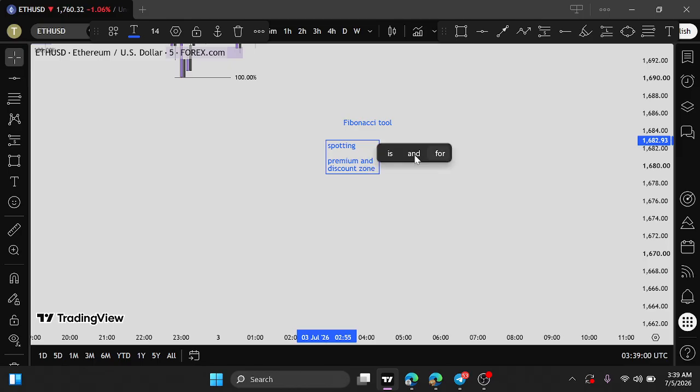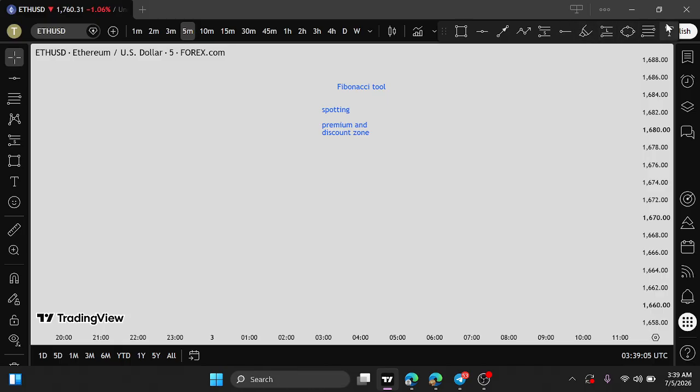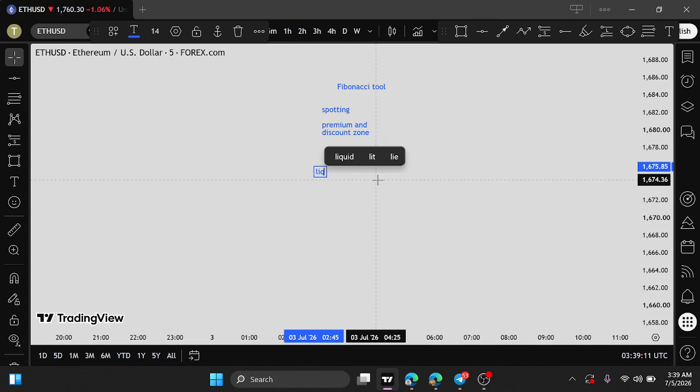That is the first thing you want to use your Fibonacci to do, which is one. And the second is your liquidity zone.